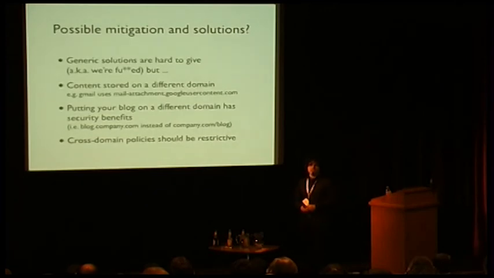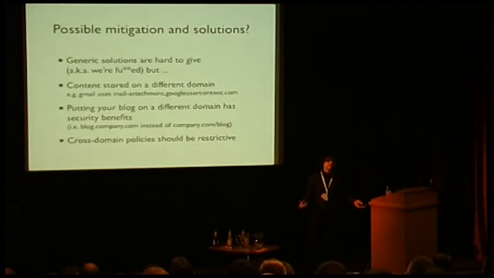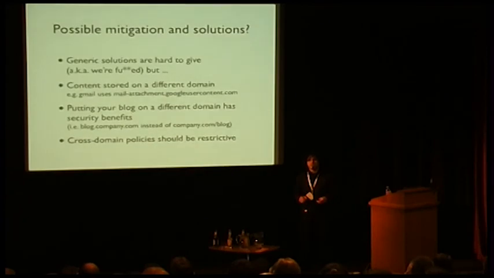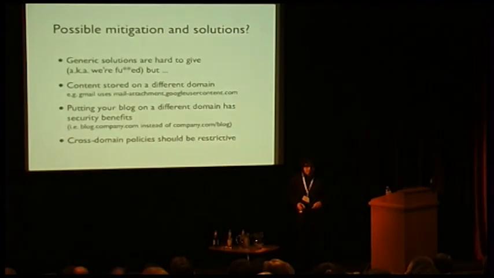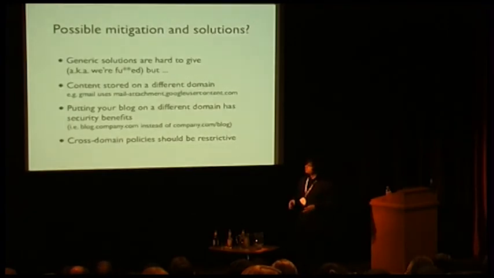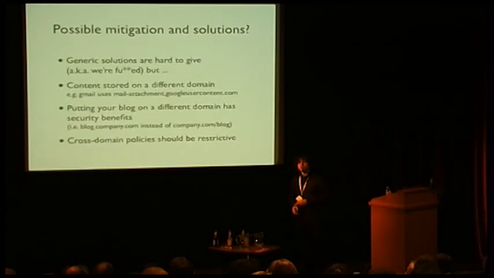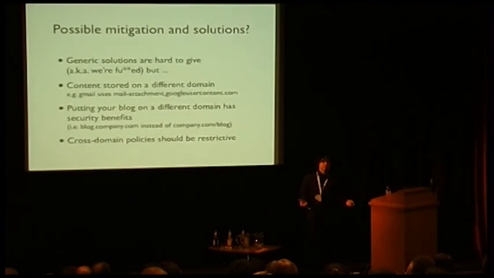However, there are different solutions depending on the case. For example, if we look at what Gmail does, on Gmail you receive attachments, right? Even though Google tried to scrub some of the files, the attachments don't end up on mail.google.com, because if someone finds a way to bypass these scrubbing and HTML sanitization methods, then that attachment might be able to read your emails, forward your emails and stuff like that.